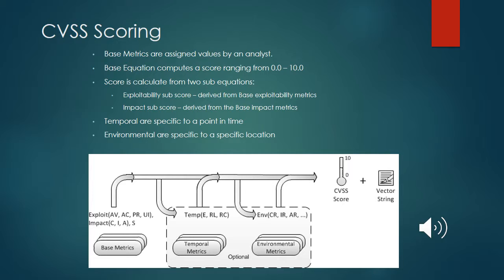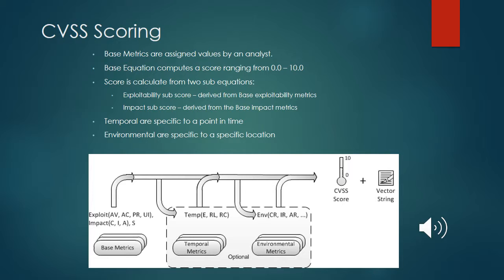The base equation computes a score ranging from 0.0 to 10.0. This score is calculated from two sub-equations. The exploitability subscore is derived from base exploitability metrics.